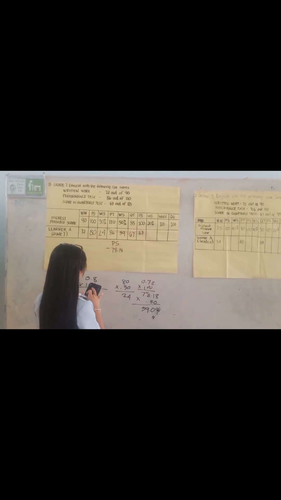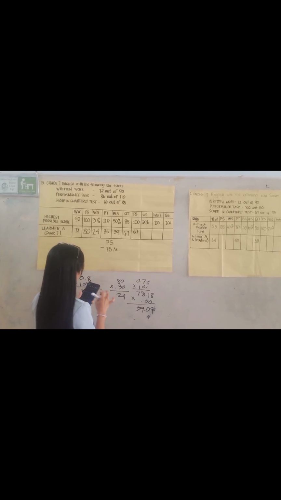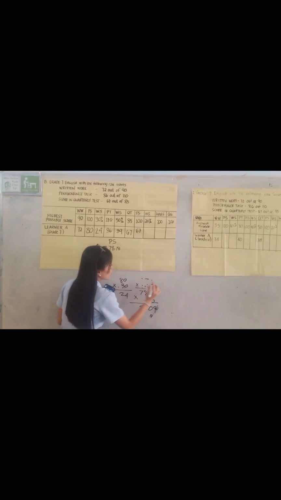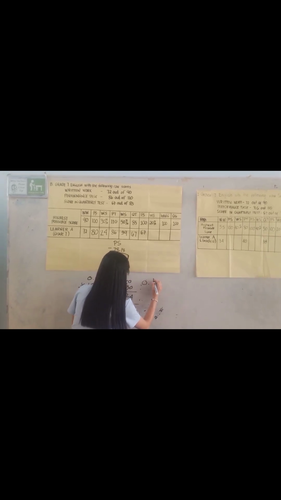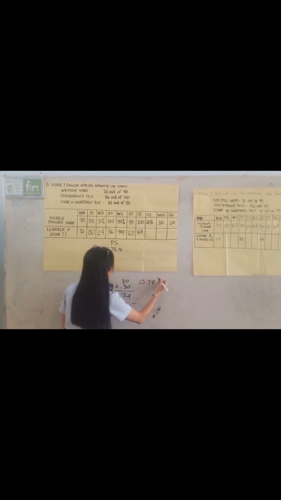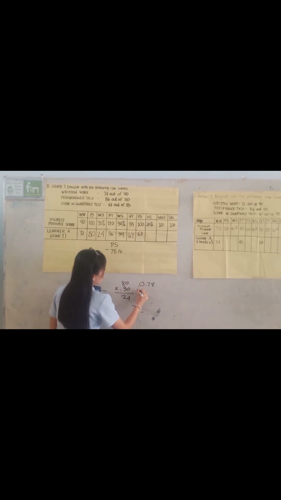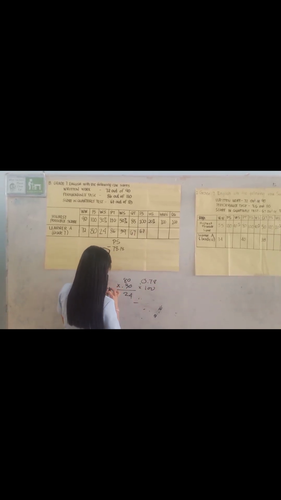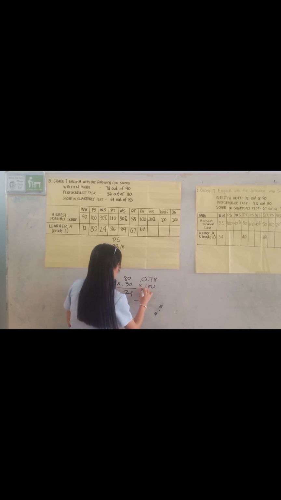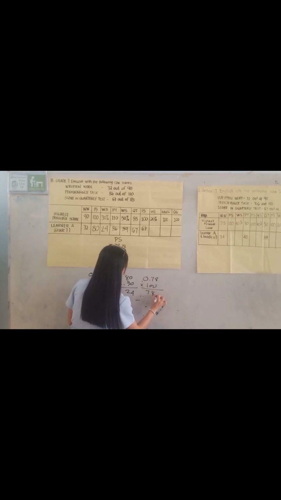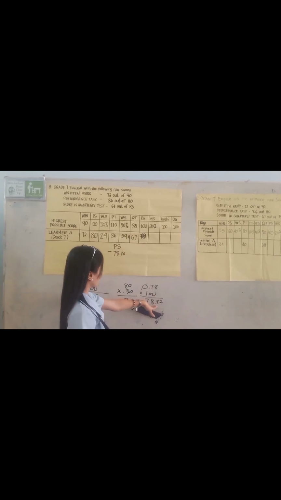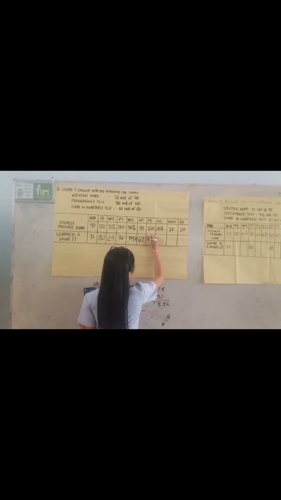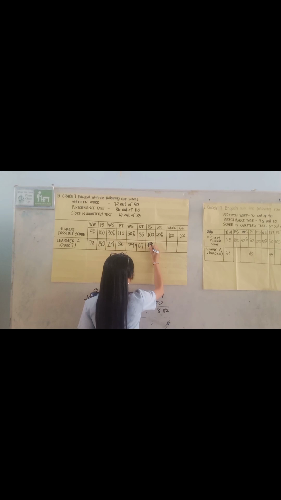So 67 divided by 85 is equal to 0.78. We multiply by 100, which gives 78.82.